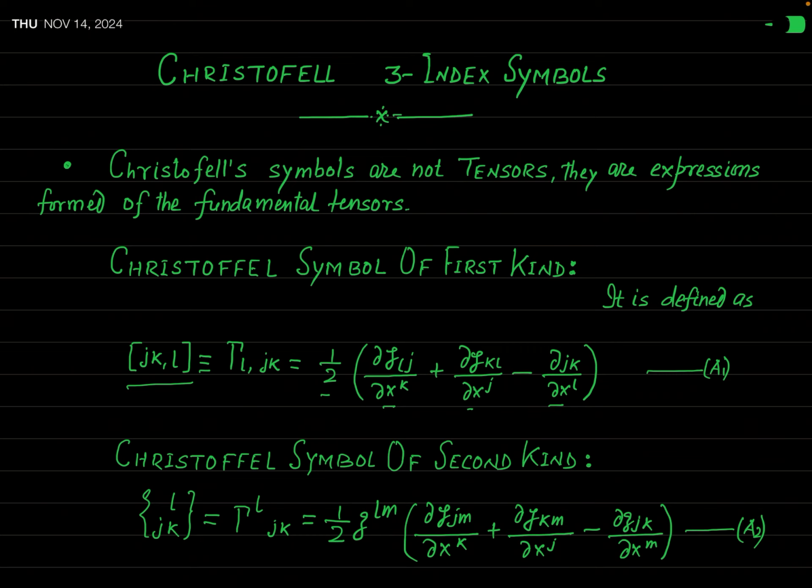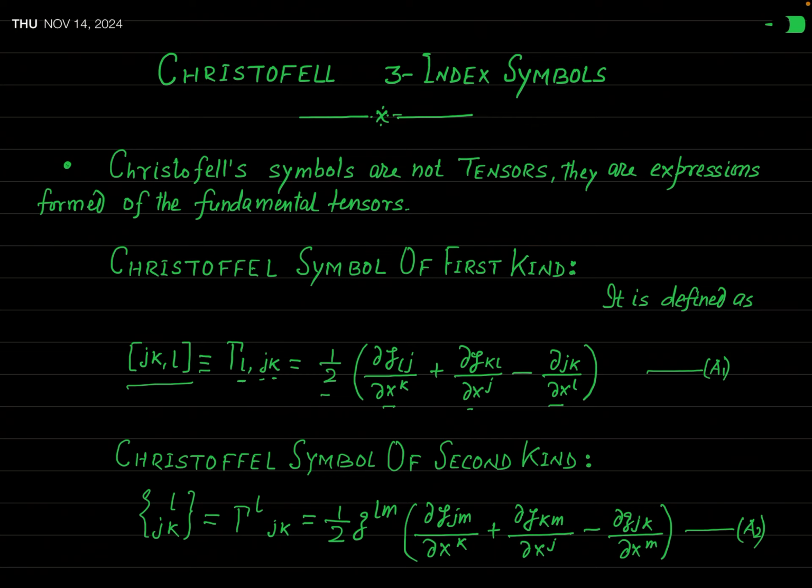You can see, in fact, here, first of all, we take the subscript covariant index l, and then j, and take its partial derivative with respect to xk.